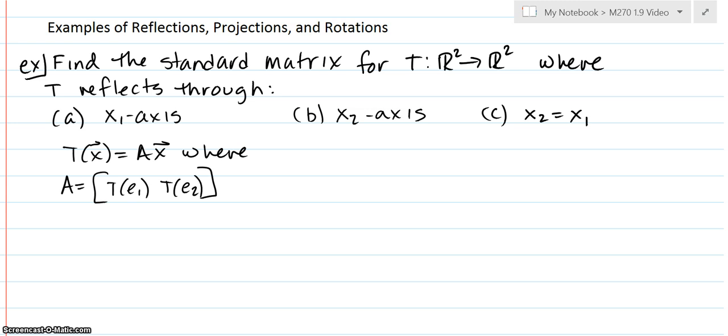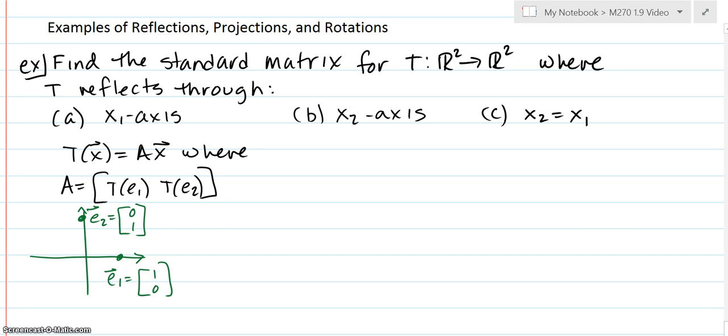So we know the standard matrix A is T of E1, T of E2, where T of X equals AX. So we just have to look at what E1 does and E2, and the matrix is going to be T of that E1 and that E2.